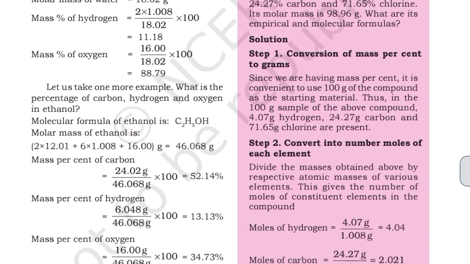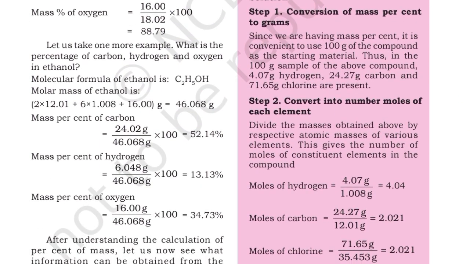Let us take one more example. What is the percentage of carbon, hydrogen and oxygen in ethanol? The molecular formula of ethanol is C2H5OH. Molar mass of ethanol is 46.068 grams. Mass percentage of carbon is equal to 24.02 grams divided by 46.068 grams × 100, which is equal to 52.14%.